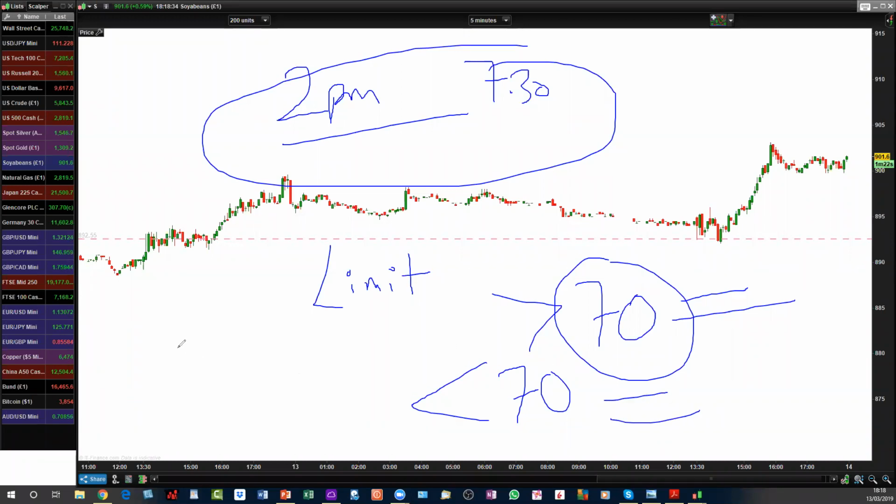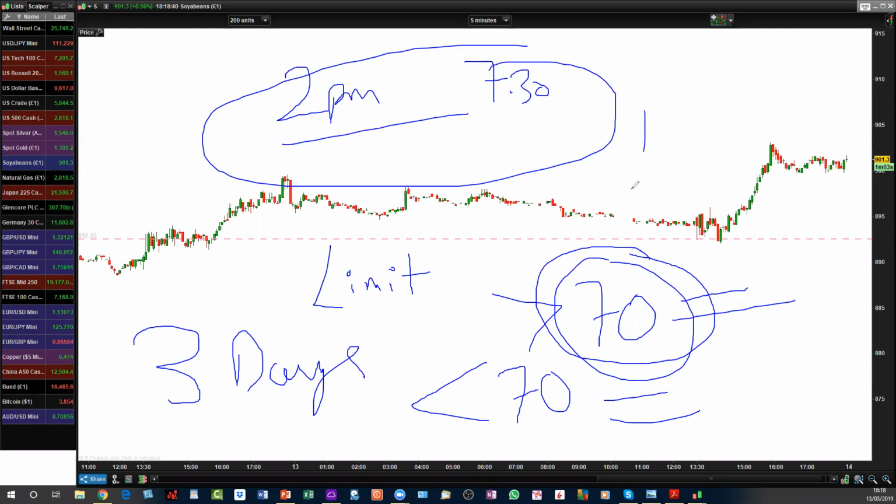So when I traded the beans in the run-up to the big commodity boom of 06-07, there were 3 days in a row where the beans went what's called limit up. So on day 1, you got a big 70-cent move, market shut.